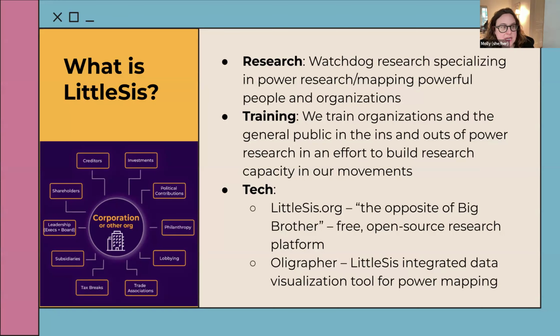It's kind of like a one-stop shop for tracking those relationships. And then also Oligrapher, which is our tool that helps visualize data and map out those power relationships. So we're not going to talk about those things tonight really, but definitely check those out.